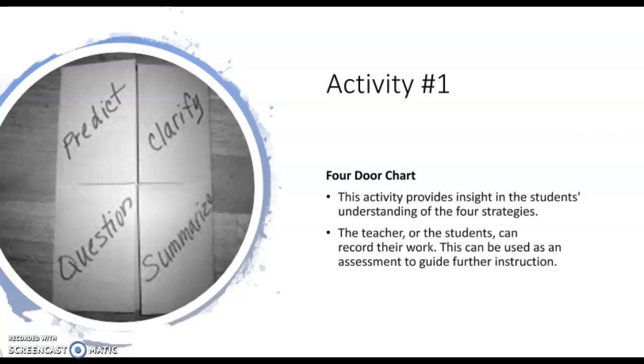They are identified as predict, clarify, question, and summarize, which are the 4 strategies used. And under the flap are the students' responses of their work. This can be used as an assessment to guide further instruction to develop these strategies.